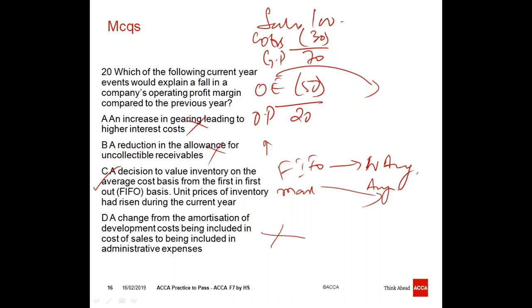So if we move a cost from the cost of sales to administration expense, the sales remain the same. Suppose a cost of 10 has been moved, so it will be 20, it will be 80. And if we add this 10 cost here, the net profit remains the same. So movement in the cost from cost of goods sold to operating expense will not affect the operating profit in total.